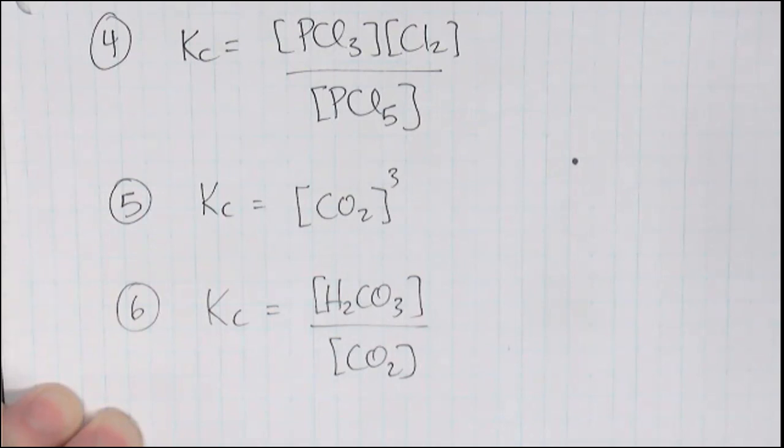The CO2, which was a reactant, was gaseous, so we can include it. But the water was liquid, and the liquid water we leave out, right? So we included the H2CO3 in the numerator because it was a product and it was aqueous. And in the denominator, we included CO2 because it was a gas, and gases get included.